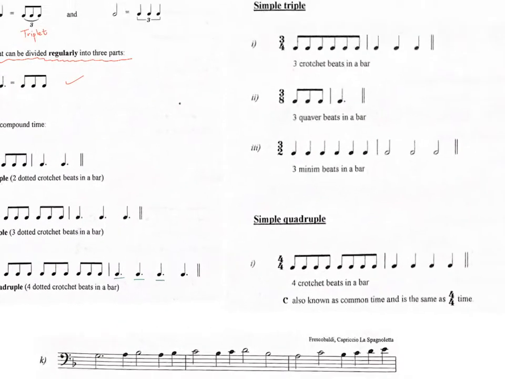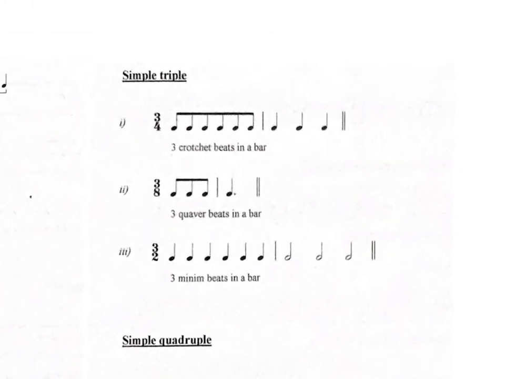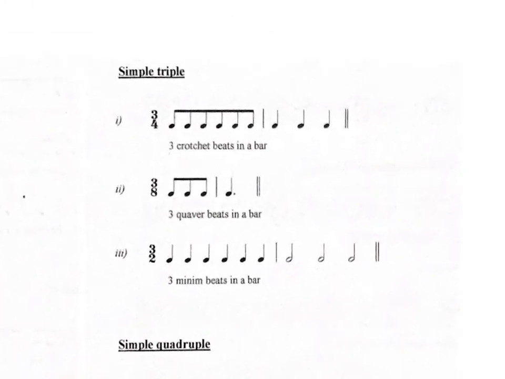Cool. So if we look at this, I just wanted to show you simple triple time for one thing. Something about the grouping in simple triple time, just so we're clear, because I think triple time is sometimes one of the harder ones to remember the rules. In 3/4, 3 crotchet beats in a bar, when we have quavers, we beam them all together. 3/8 is also simple time, they are beamed all together.